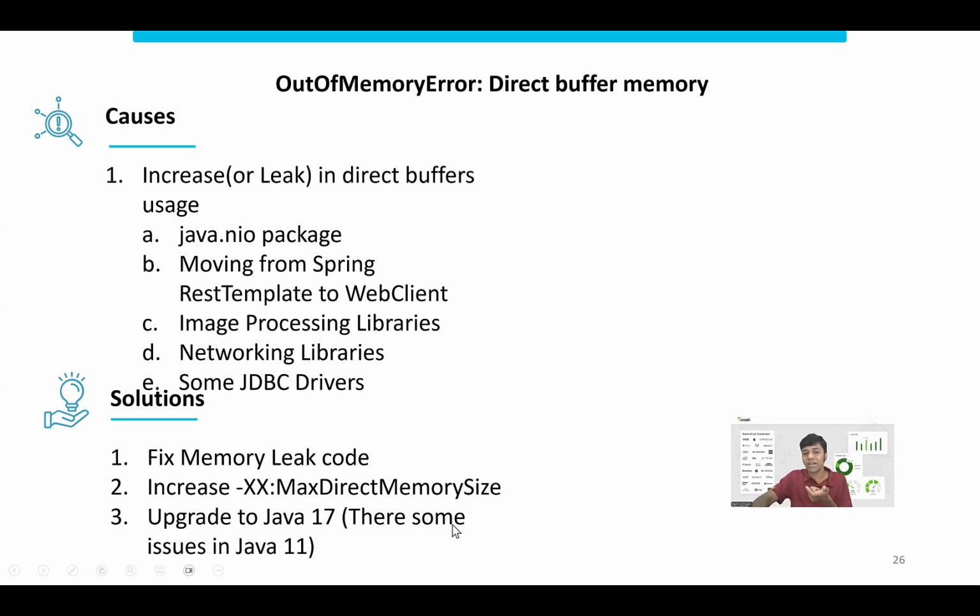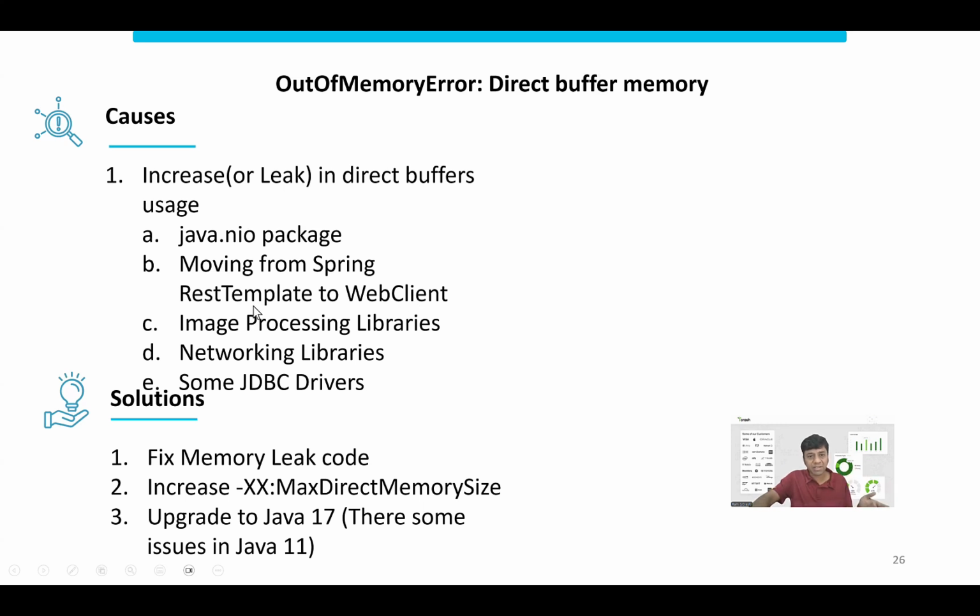And friends, increasingly, the workload in modern frameworks is shifting from the heap memory to this direct buffer, especially in Spring. In the modern versions, they deprecated RestTemplate. If you're using a REST API, there are two ways you can use Spring's REST API. One is through RestTemplate, the other is through WebClient.